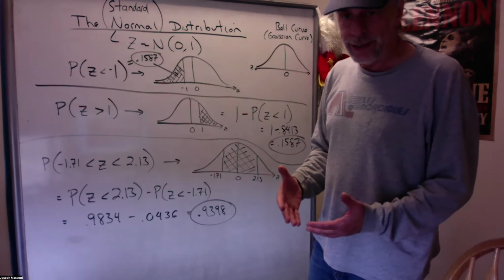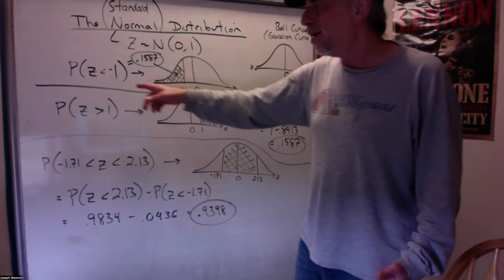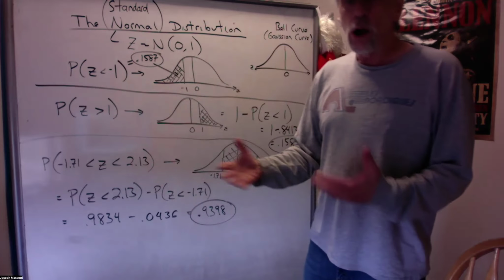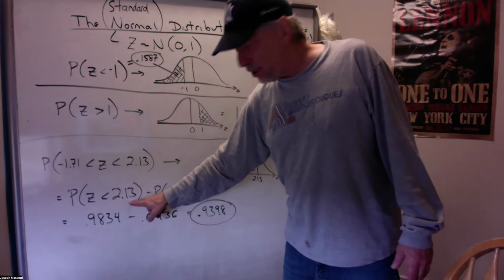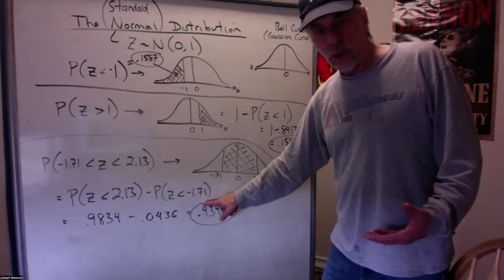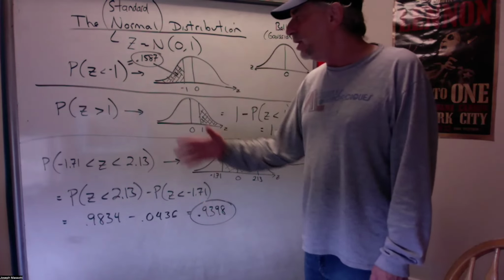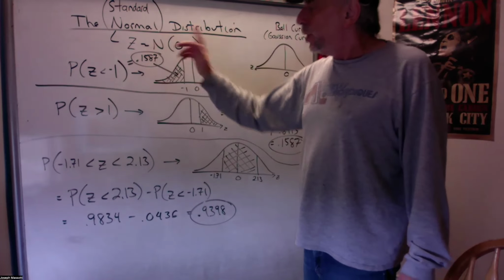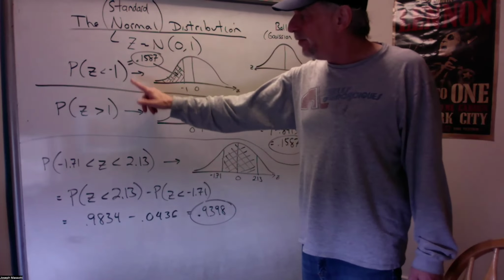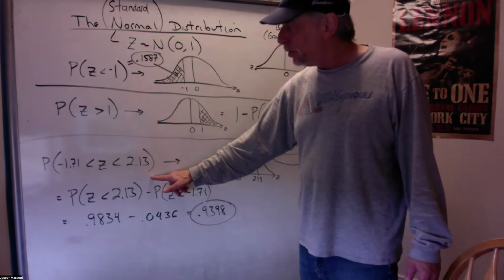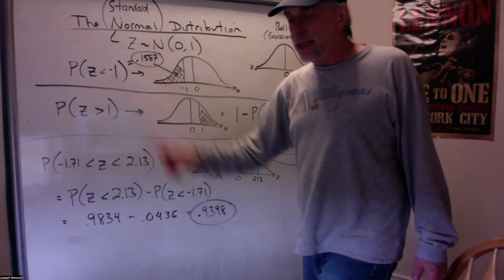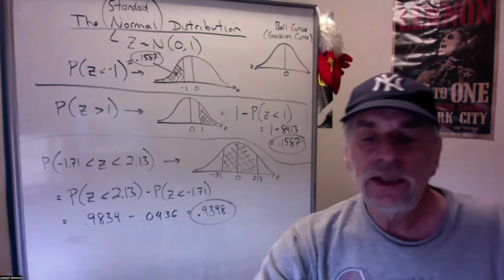So we want to be able to depend on that for exact values because it's not always going to be 1 and 2 and 3. Often we're going to have numbers such as 2.13 or 1.71, and we'll need to use the table. So we're going to learn how to use the table right now. So: less than values, greater than values, between two values. The first one here, less than -1. Let's look at the table and see what I'm talking about.